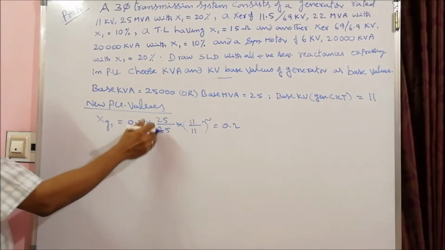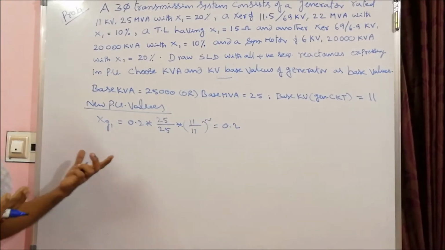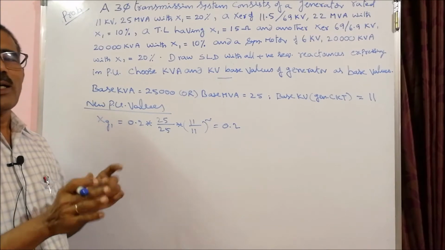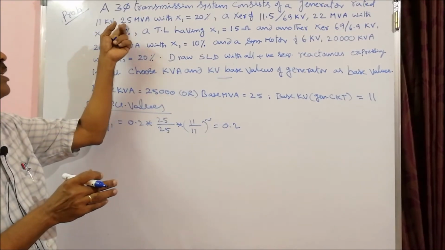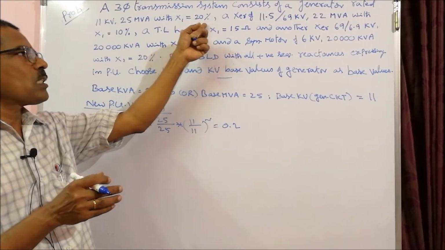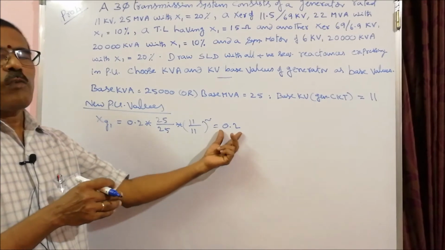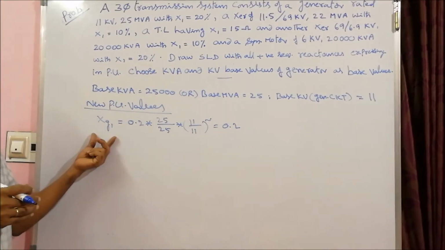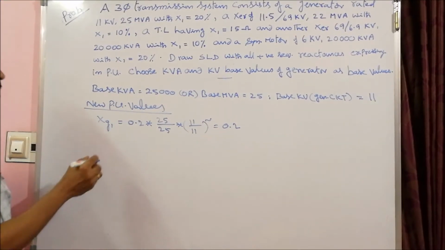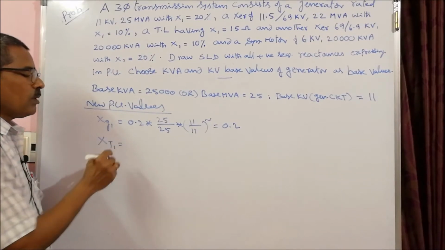Is it not? These two go, you get 0.2. So there is no need of calculation actually, because 25 MVA is selected, 11 kV is selected. So whatever reactance, this 0.2 per unit reactance is the same even if you calculate the new. So the generator is over.